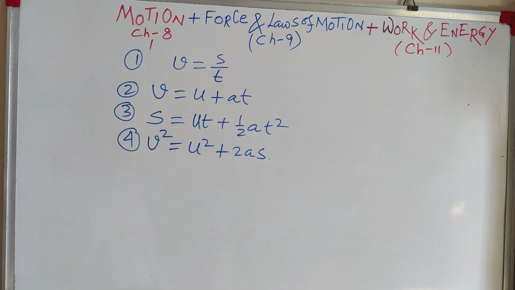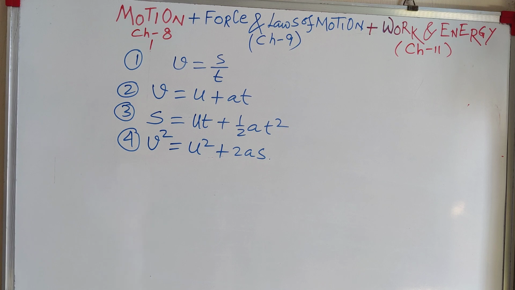So these are the basics about motion. We have just discussed the concept of motion, of distance and displacement, of velocity, of acceleration, and how they are related to each other.